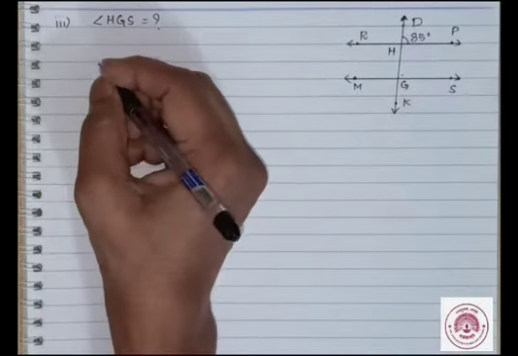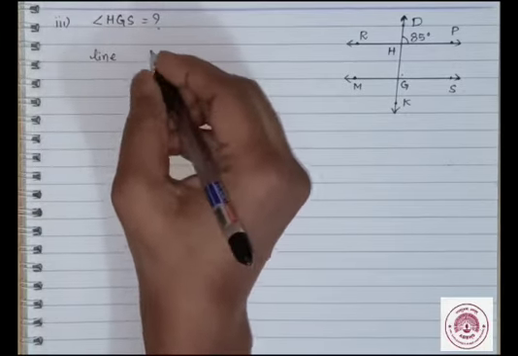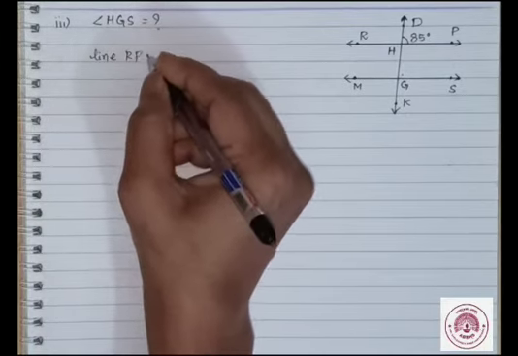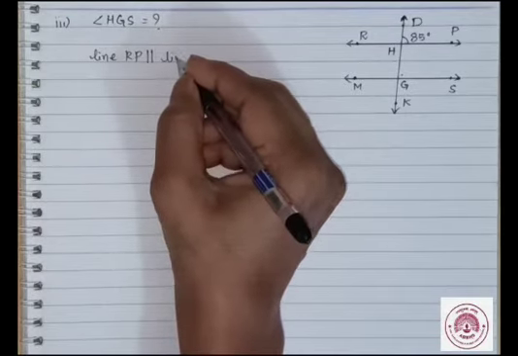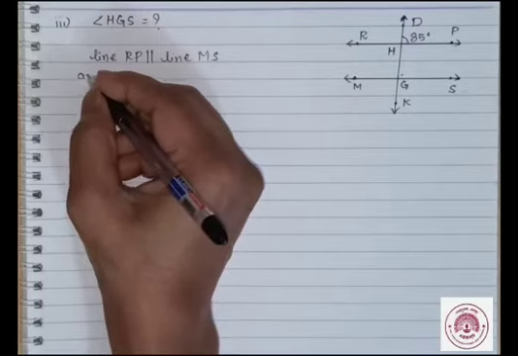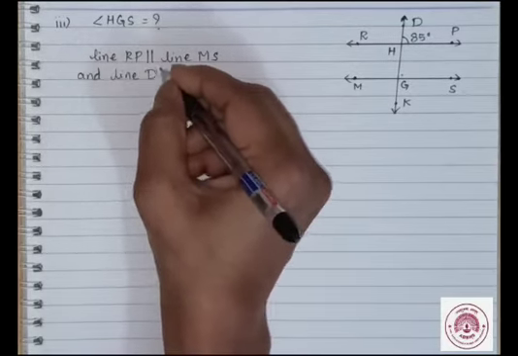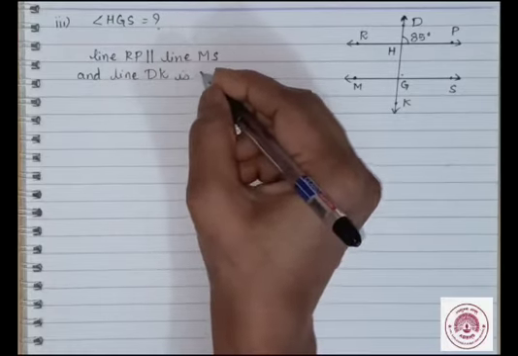So let's write, here we can write line RP is parallel to line MS and line DK is the transversal.